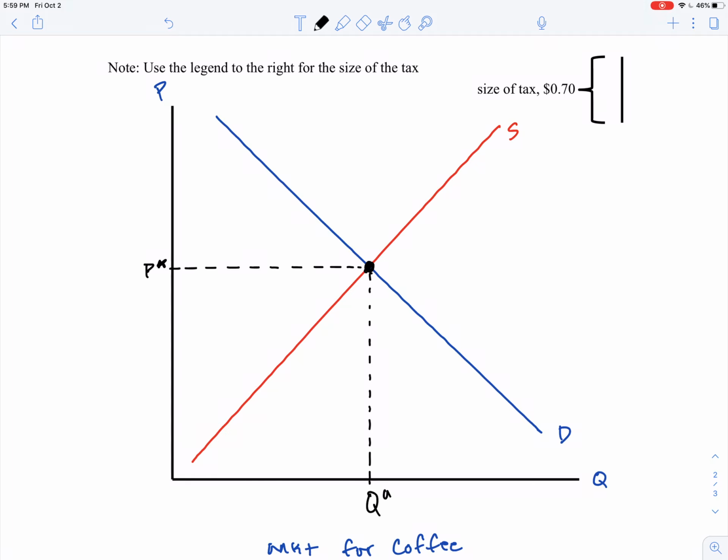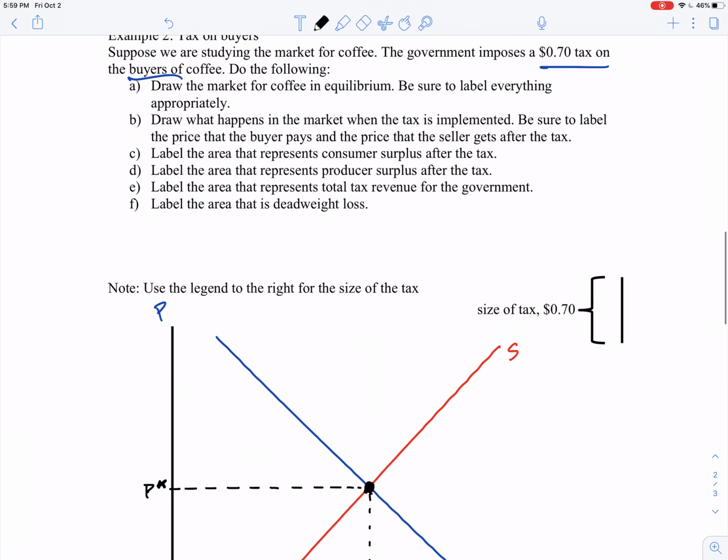Okay. Now I think in the example I did in class, I think the equilibrium quantity was 750, but that's not important, right? On an exam, that's what you need to do, right? P star, Q star, everything is labeled, okay? So now, we've done part A, right? We've drawn the market for coffee in equilibrium before the tax is implemented.